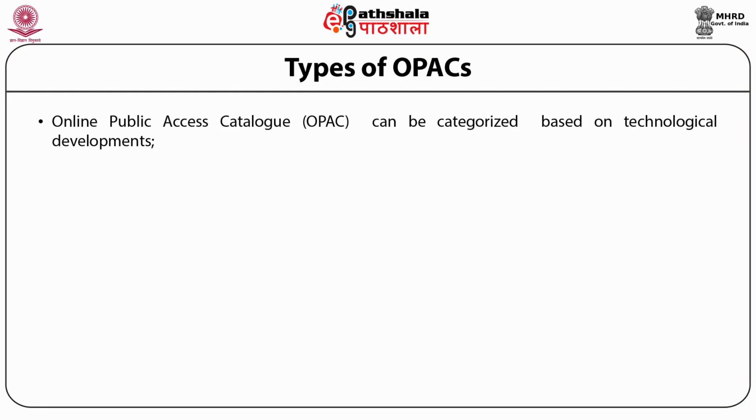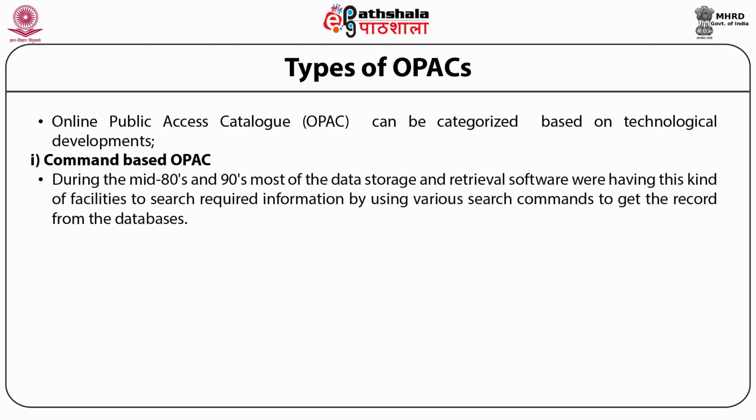OPACs can be categorized based on the technological developments. Number 1. Command-based OPAC. During the mid-80s and 90s, most of the data storage and retrieval softwares were having this kind of facilities to search the required information by using various search commands to get the record from the databases. Number 2.